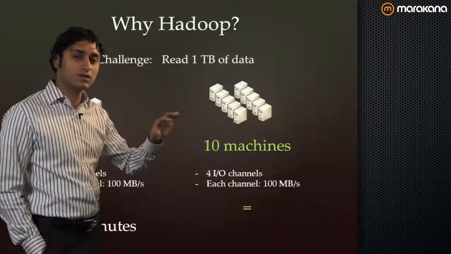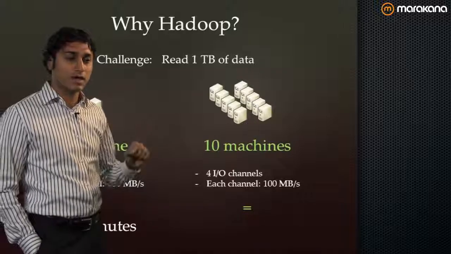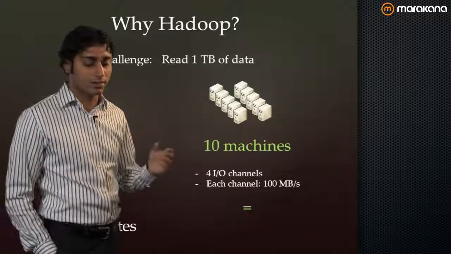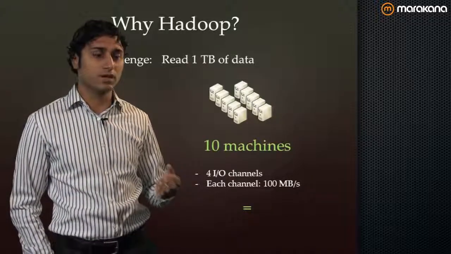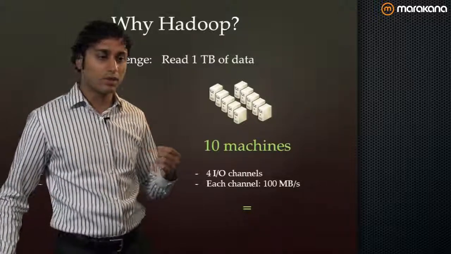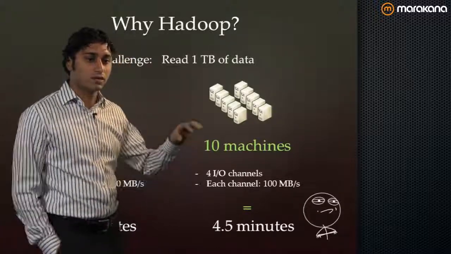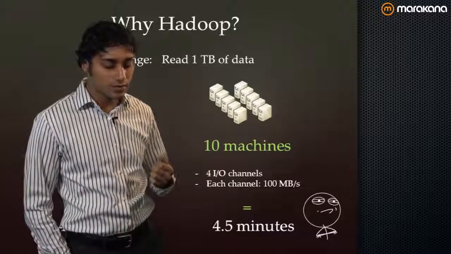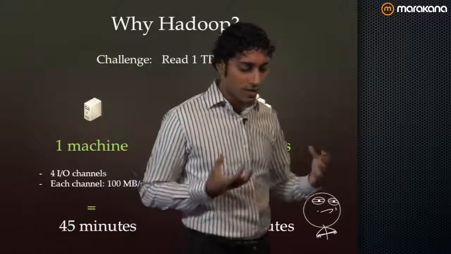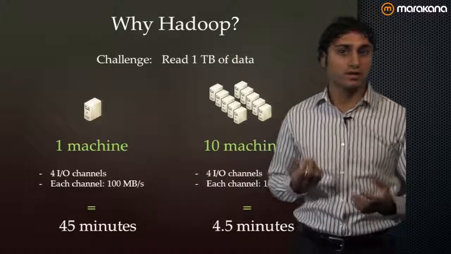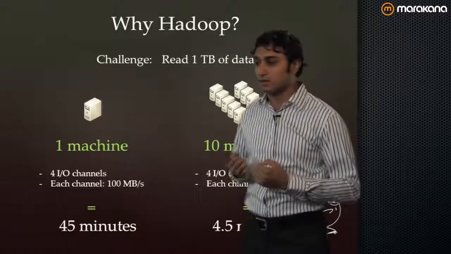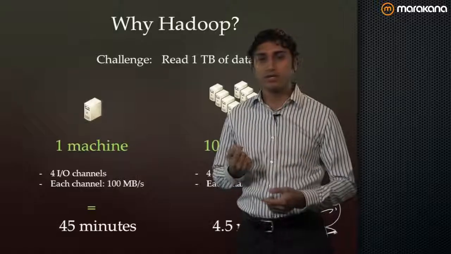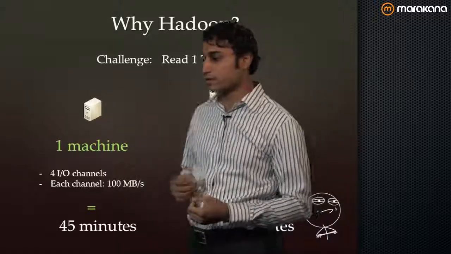Across the 10 machines, there are 40 hard drives, and each hard drive is now holding about 25 gigabytes of data. To read 1 terabyte in parallel from the 10 machines, it would only take 4.5 minutes. So by harnessing the power of multiple machines together, you can achieve your reads or writes significantly faster.